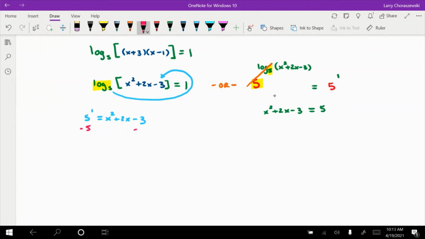Let's subtract 5 from each side with that first equation to get 0 equals x squared plus 2x minus 8. That's a quadratic expression that factors as x plus 4 times x minus 2. And we could set each factor equal to 0 to solve for x. And what we end up getting is 2 answers for x.